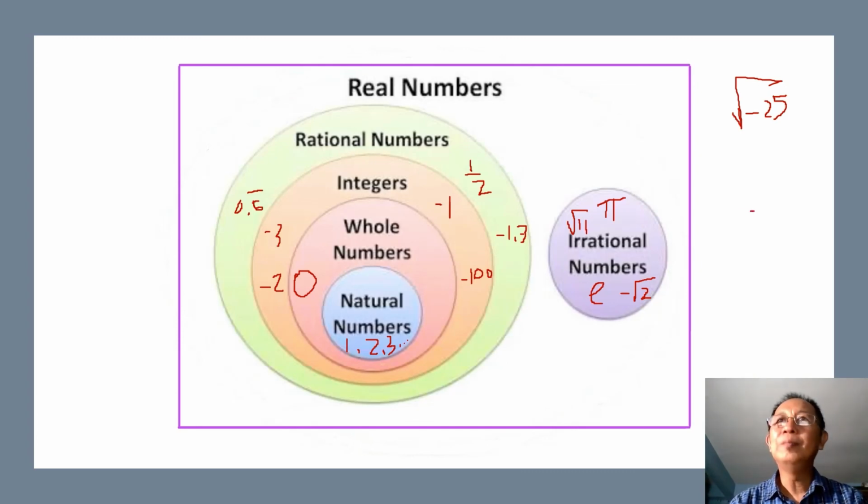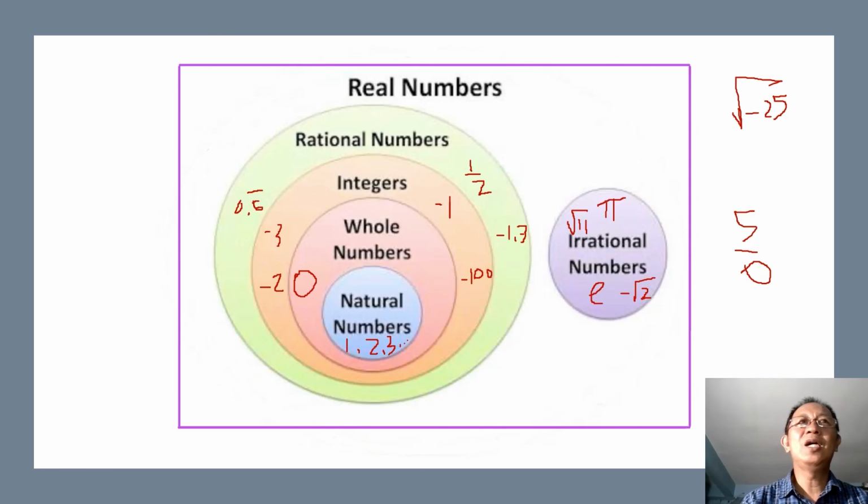Yung 5 over 0, nagpapanggap lang na number. So, non-real numbers sila. Wala sila sa loob. Kapag non-real numbers, hindi siya kailanman magiging rational, hindi siya kailanman magiging irrational, dahil ang pwedeng maging rational at saka irrational, real number lang. Okay?